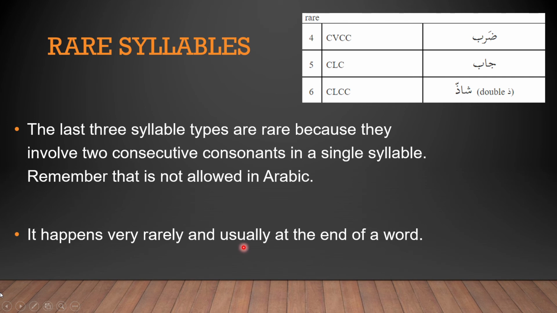Usually means that they don't have to always come at the end, but they usually do. Sometimes they can come in the middle, but never in the beginning. Rare syllables can never come at the beginning of the word. They are usually in the end and, very rarely, in the middle of the word.